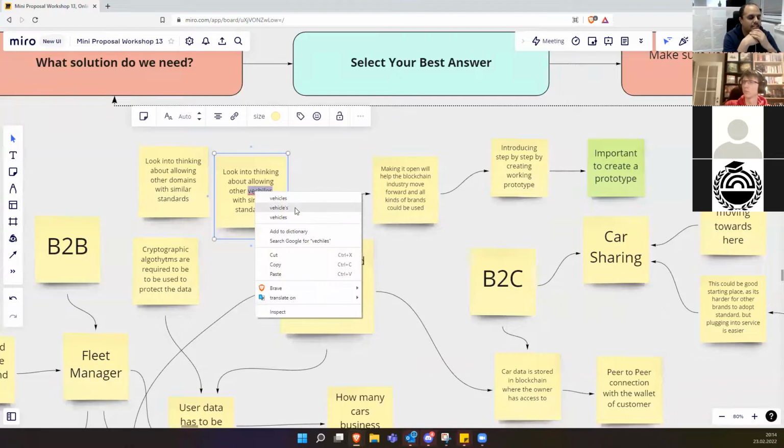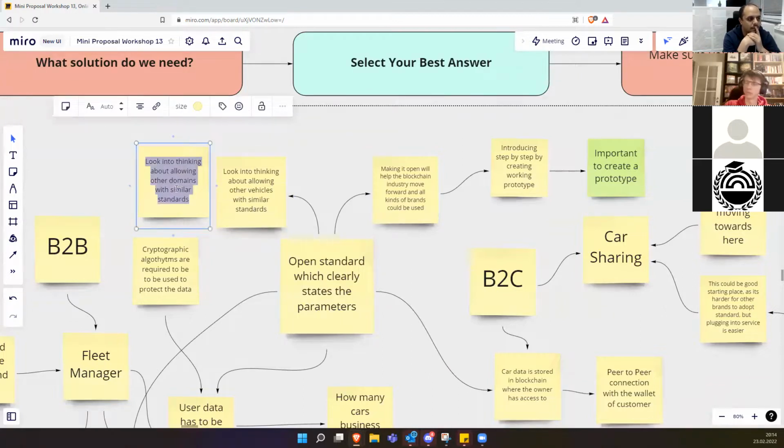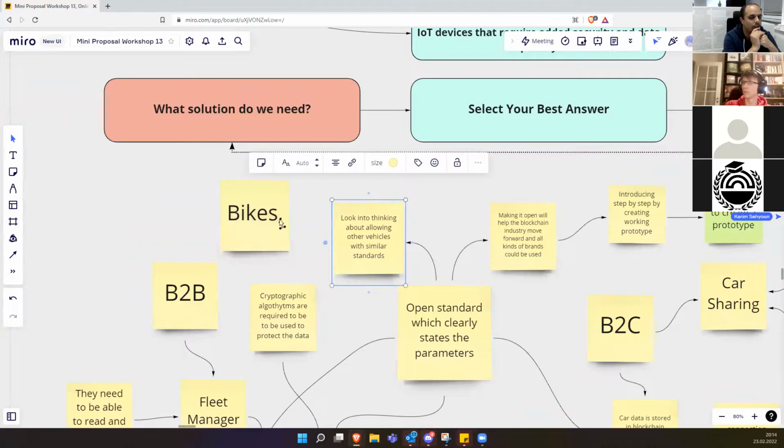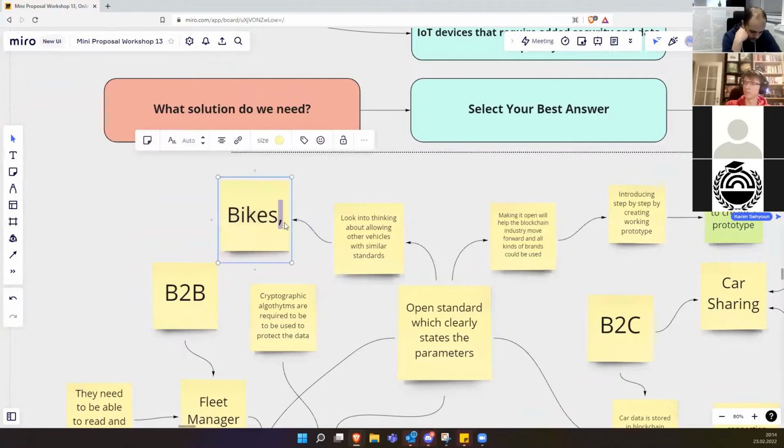When you state the problem statement in the proposal, show that the impact is not just on cars, it's on the whole ecosystem, and could be for many other IoT devices and things like that.